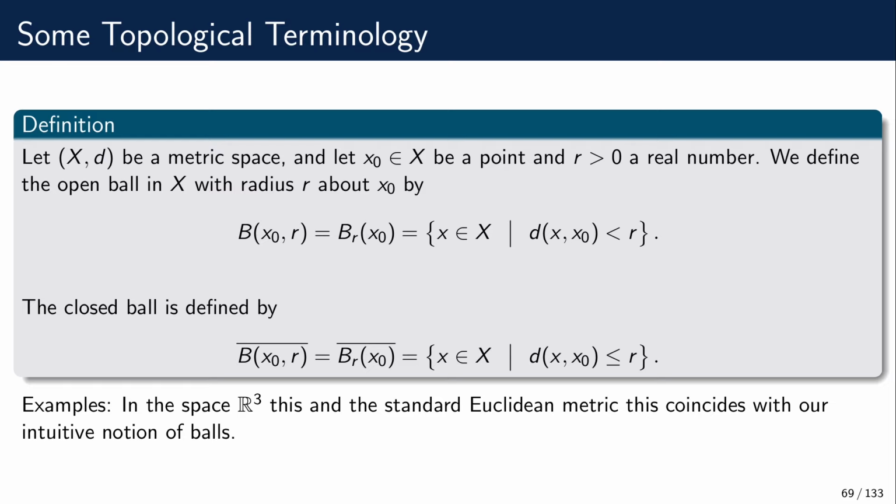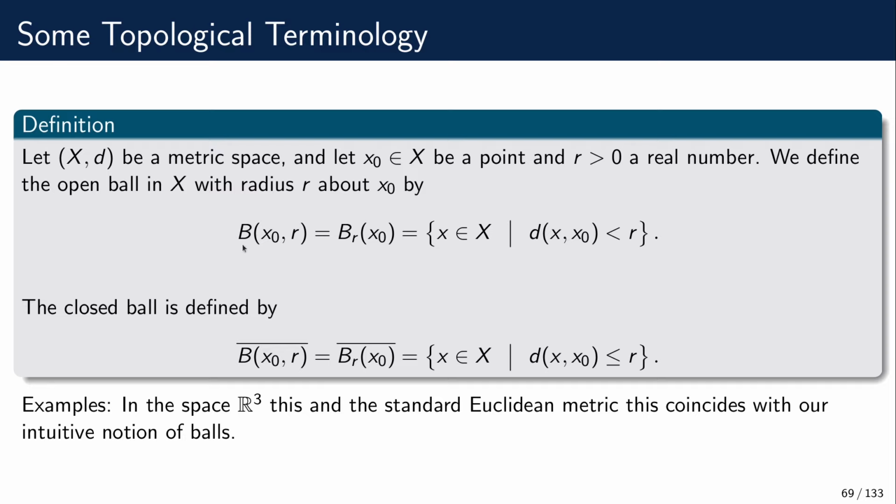Okay, and so this ball is the open ball because we do not include all the points whose distance from x0 is exactly r. We take all those that are smaller than r, and this is called the open ball, and it will play a role in defining what it means for a set to be open.